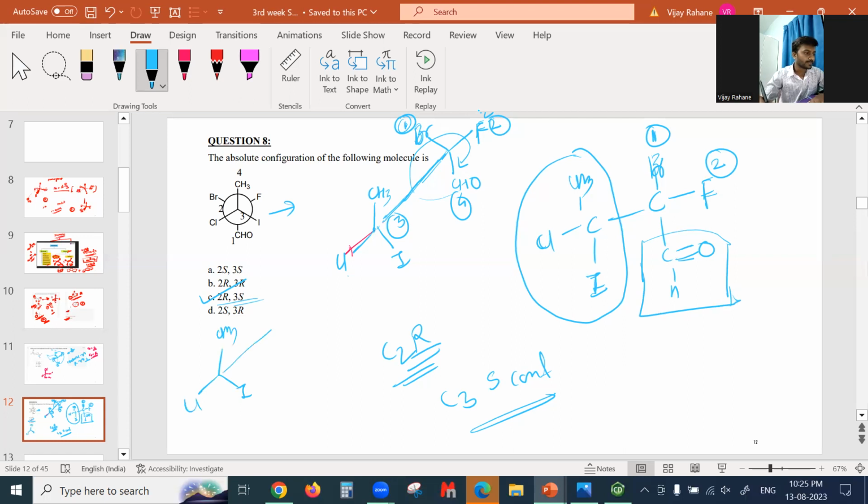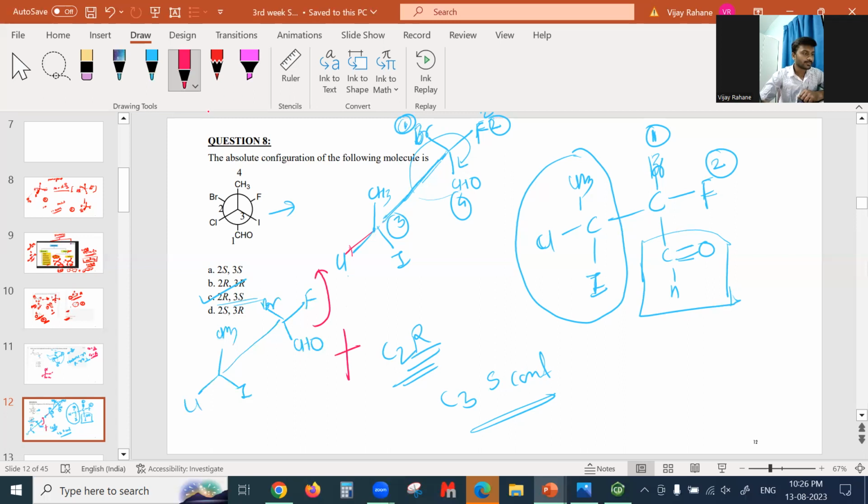The back side will be, as we have already done, the bromine, fluorine, and the CHO. We just pull the CHO to the upper side, straight. If you pull the CHO to the upside, then what will happen?